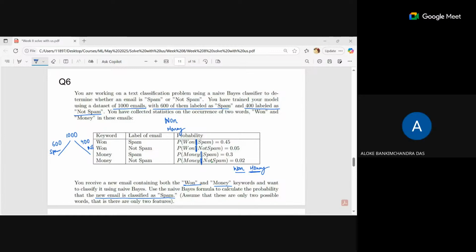Is the answer 0.9977? Yeah, approximately, yes. Others, please try this.